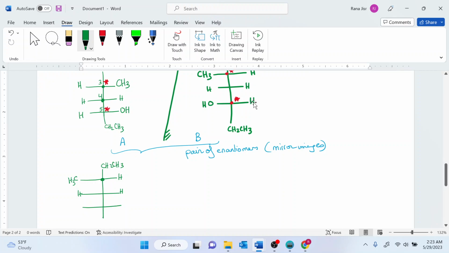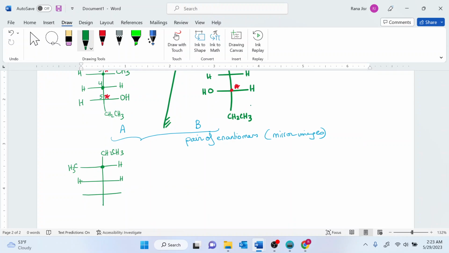Don't rotate by any angle other than 180 degrees. So now this hydrogen will become here and this OH will become there. So I will have my hydrogen here and my OH there, and then I'm going to have my ethyl group in here.